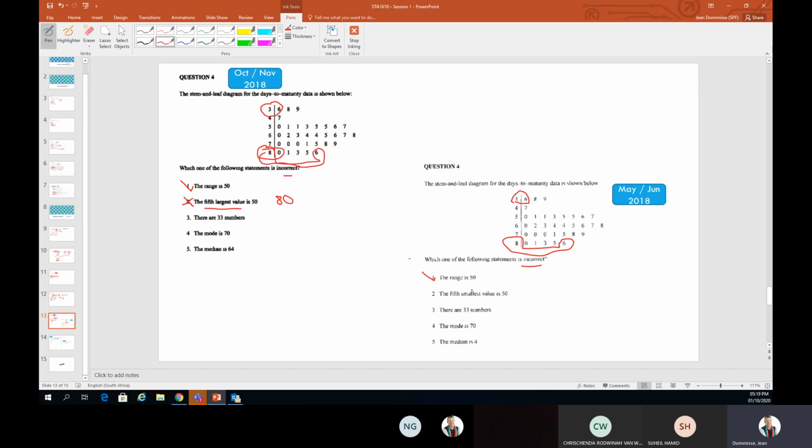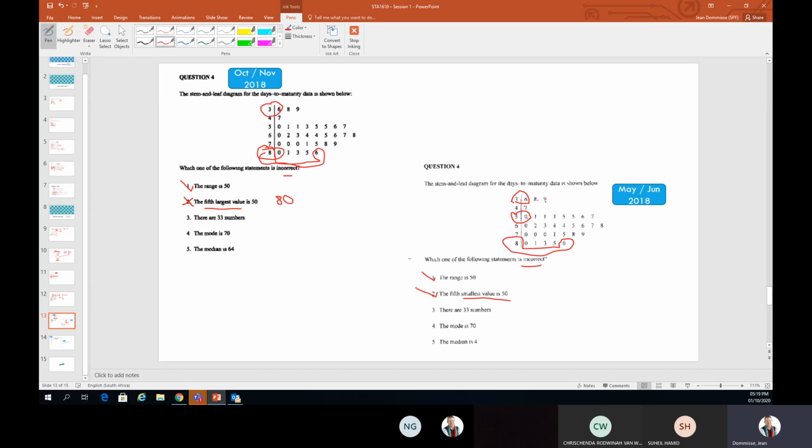Okay, so look at what they've asked here. And I think that is for when it was between the exam papers, so that people just don't copy from a previous exam paper: the fifth smallest value. So now 1, 2, 3, 4, 5, the fifth smallest value was the 50.